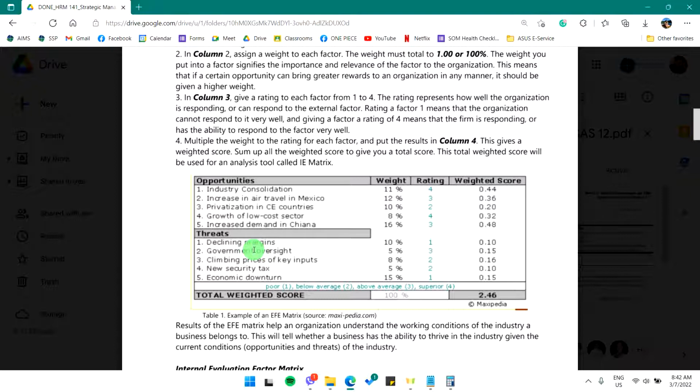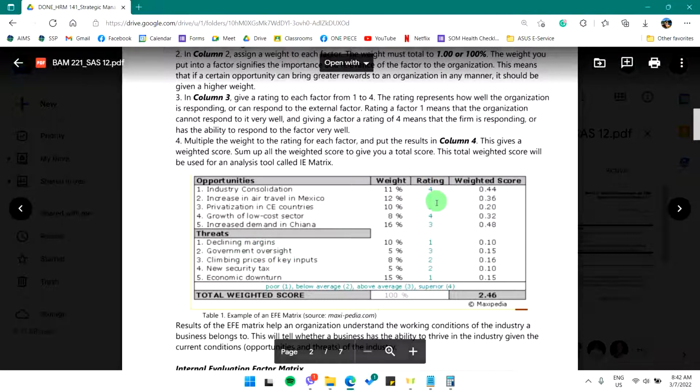Now that we identified how important these factors are, we are going to the next column, which is yung rating natin. We give rating to each factor from 1 to 4. The rating represents how well the organization is responding or can respond to the external factor.